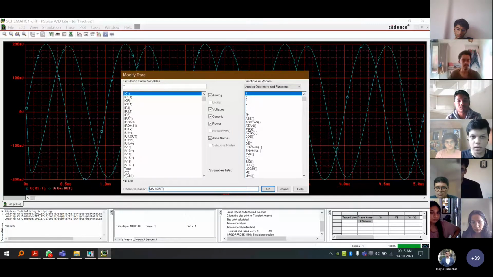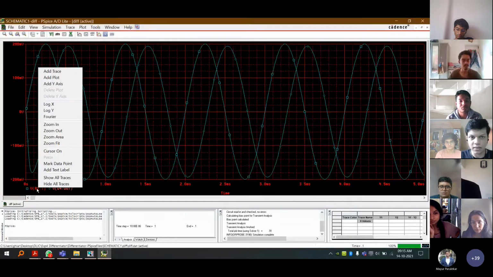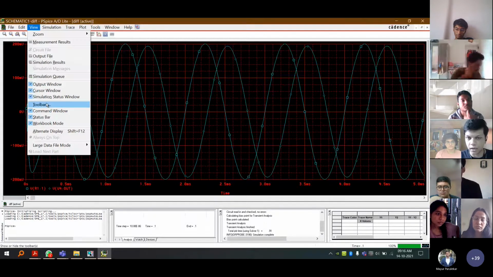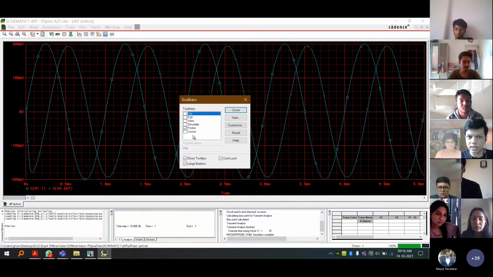And apart from that, another thing that you can do is go into the view menu. You can go into the toolbars button, and there is this button called probe. You can just click the probe option, press close. And what that will do is give you this menu right up here. And that allows you to do a few things.